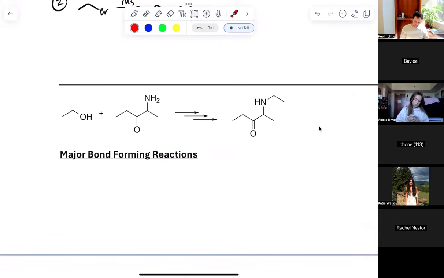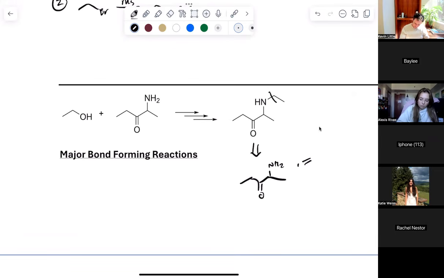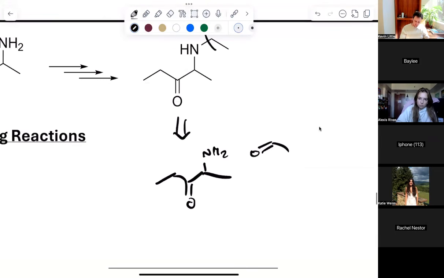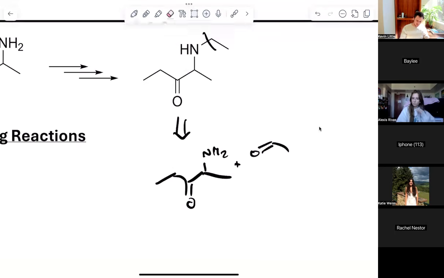I would see this and think this. But the problem is that I have two carbonyls, and so I probably need to protect this one.